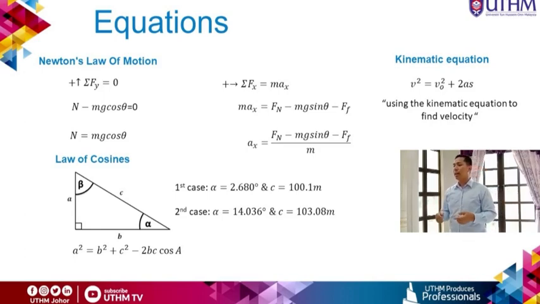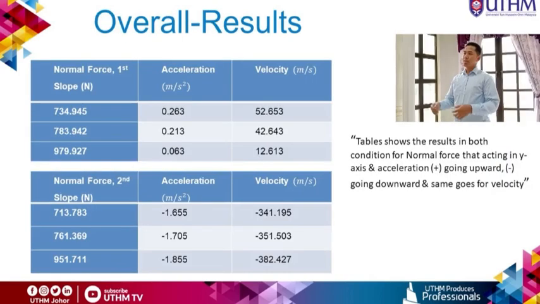In the first case, the angle is 2.680 and we find C is 100.1 meters. In the second case, the angle is 14.036 and we find C is 103.08 meters.